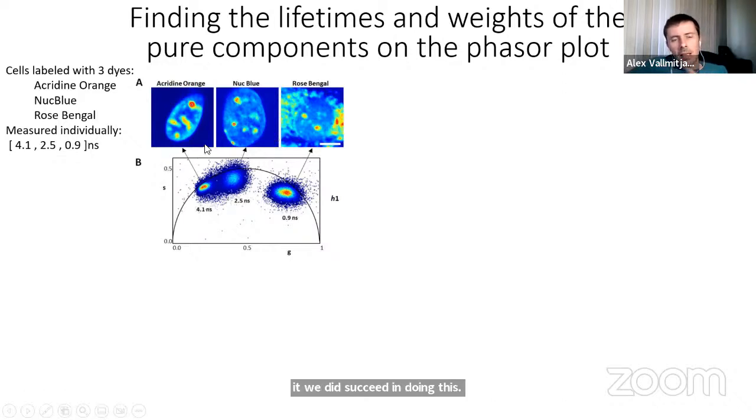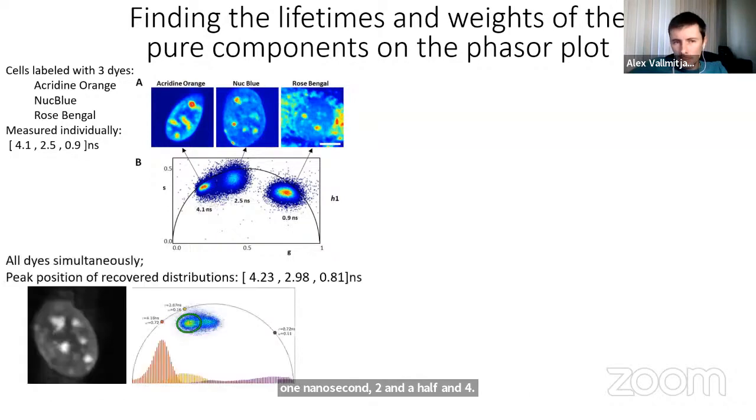This is again using the 3 nuclear dyes that we measured their lifetime separately in the order of 1 nanosecond, 2.5, and 4. And then we made a mixture of the 3 together. So this contains the 3, and attempted to recover the fractions and the lifetimes of the components at each pixel.